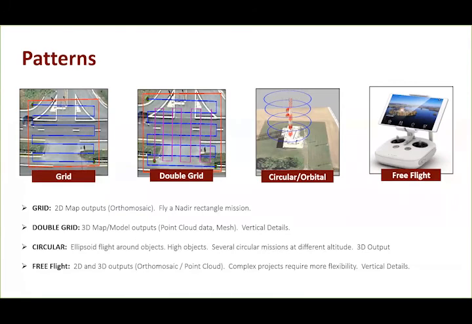Another unique flight pattern that's out there is a circular. It's good for a 3D output. It gets a lot of good vertical data. There's an example there of a cellular radio tower that's being documented by orbital paths at various altitudes to capture all the data.